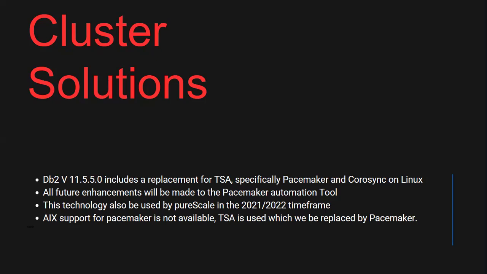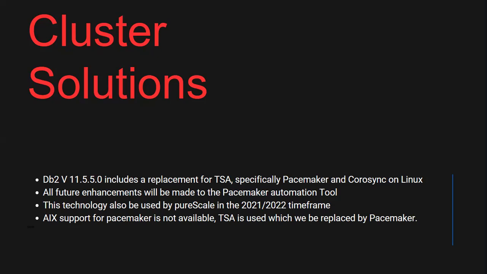So what we see here is that DB2 version 11.5.5.0 includes a replacement of TSA, because TSA is not helpful in AWS. So what is replacing it? Specifically, Pacemaker and Corosync on Linux are going to be the future of DB2 on cloud strategies, right? All future enhancements will be made to the Pacemaker automation tool. This technology will also be used by pureScale in the 2021-22 timeframe.